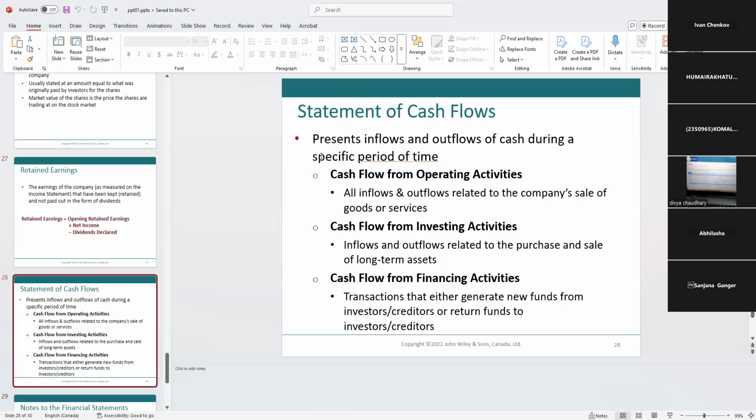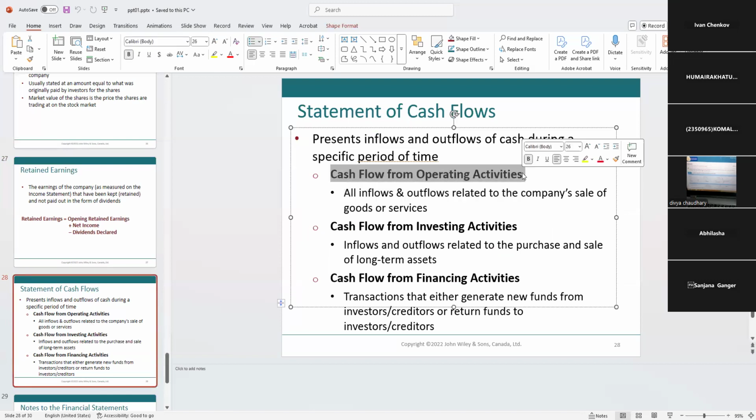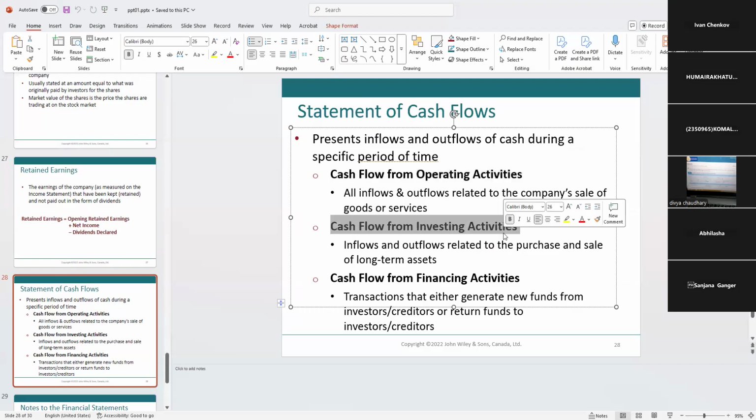Next statement is the statement of cash flow, which has three sections. One section shows the cash flow that the company is able to generate from the operating activities, and operating activities only, which is the main purpose why the company exists. The second section of the statement of cash flow is for any cash coming and going for the investing activities.